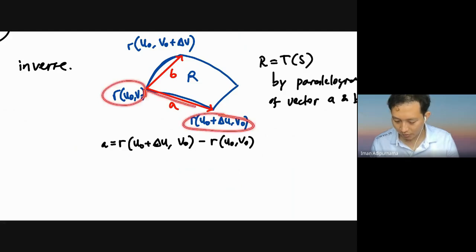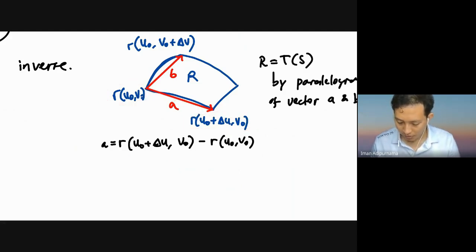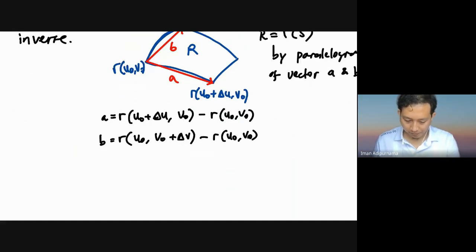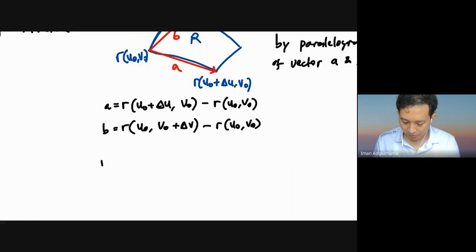Okay, this is A. And B is defined similarly. And then by the definition using limit.